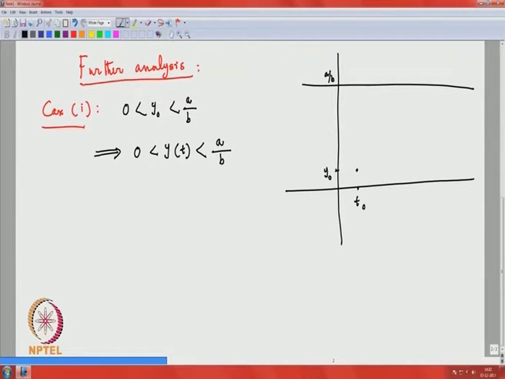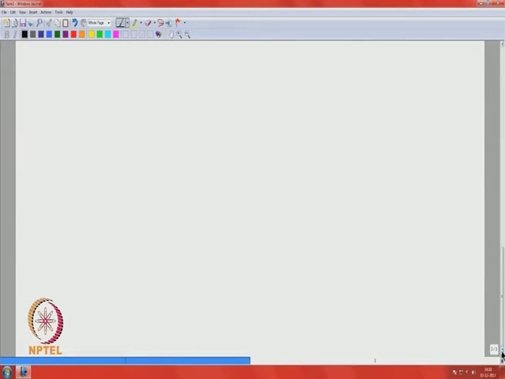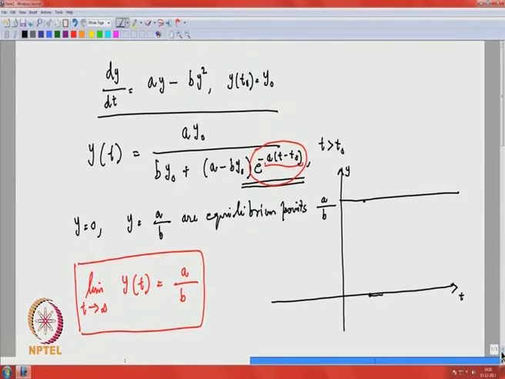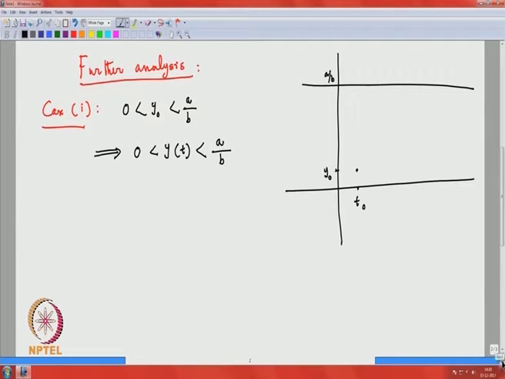I want to understand how the curve looks, and we also saw in the previous slide that the limit it approaches is a by b. So, we will do that. Look now at this interesting case.